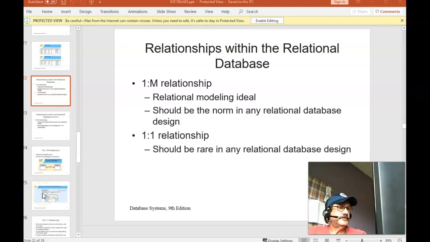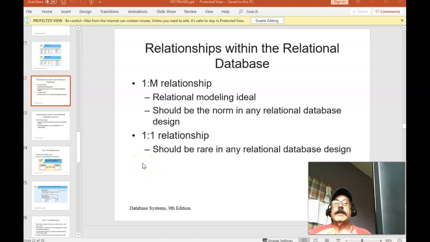A one-to-one relationship should be rare in any relational database design, because if it's one-to-one, you could just append the fields, unless there's some reason why you shouldn't, such as you don't own the other table and so you're prevented security-wise from editing it, or it's some classified information.